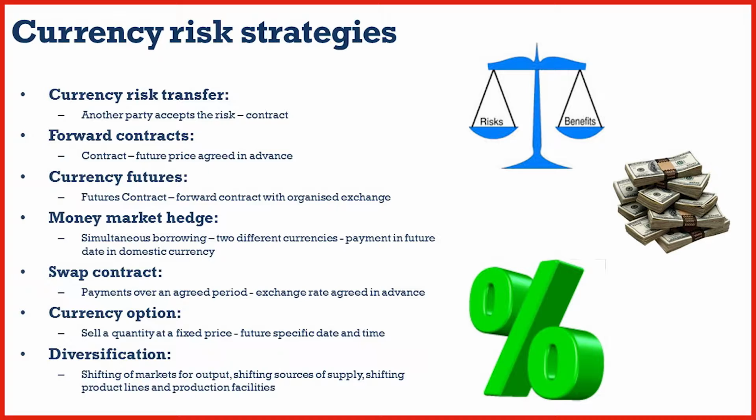Currency option: here you sell a quantity of an item at a fixed price on or before a specified date in the future. Diversification is the shifting of markets for output, shifting sources of supply, shifting product lines and production facilities as a defensive reaction to adverse exchange rates.